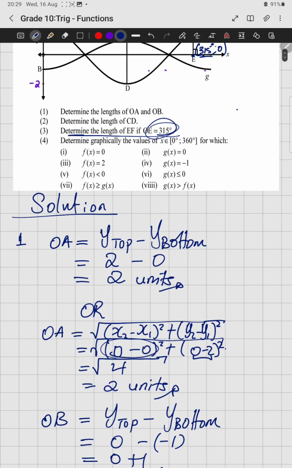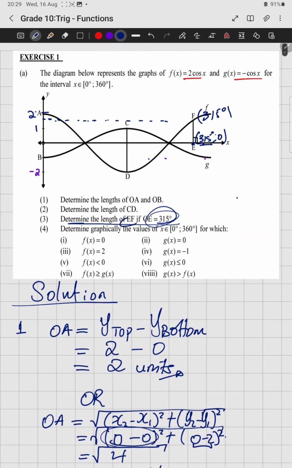Okay, remember, if now we want to determine the distance of EF, that is from F to E down here, this is going to be y top minus y bottom. So what is the y value at the top? It is root 2, and then root 2 minus 0.